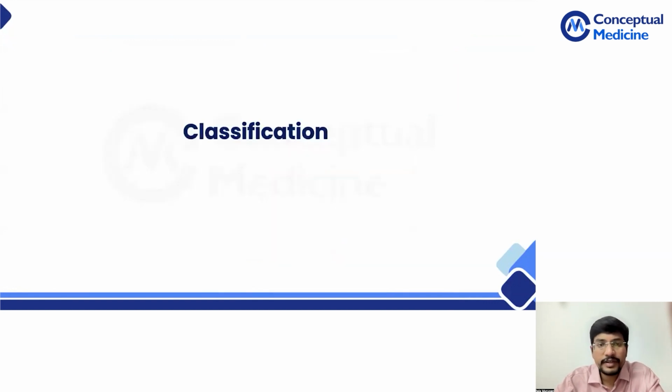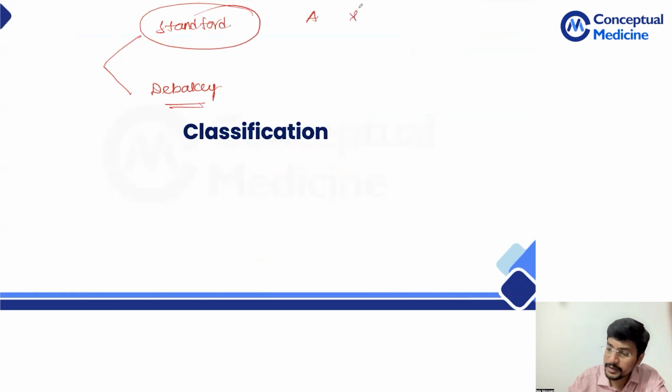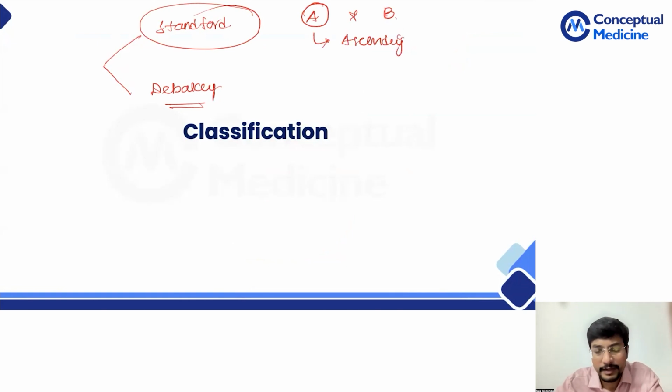So how do you classify dissections? The most commonly used two classifications are the Stanford classification and the DeBakey classification. Stanford is more simple. It has only two types, A and B. A stands for ascending, so it does not bother about where the intimal tear is or where it extends distally.